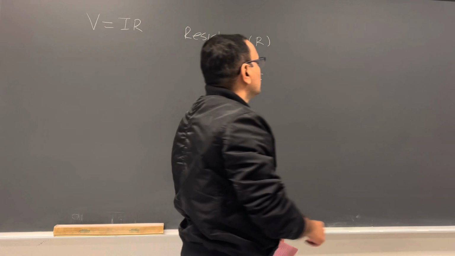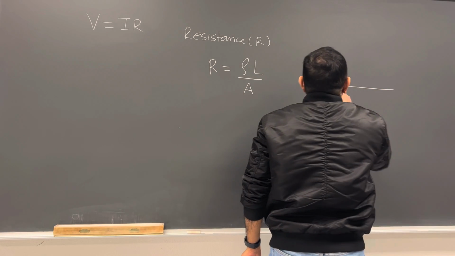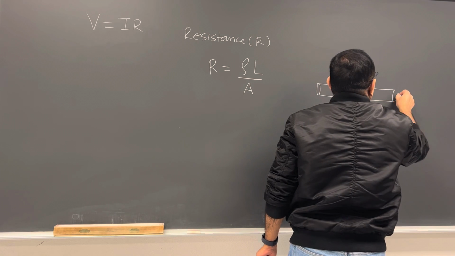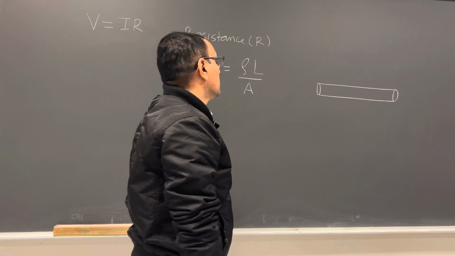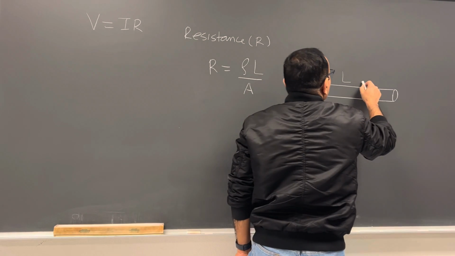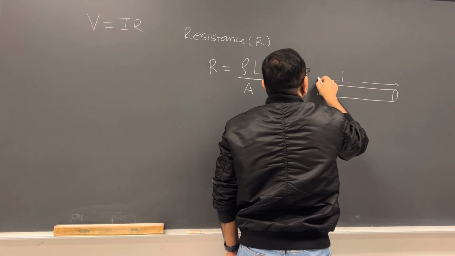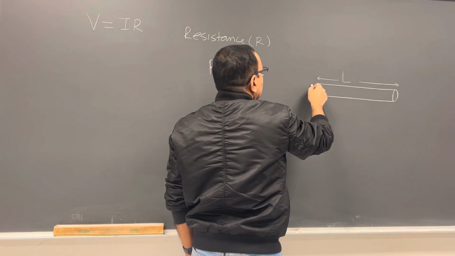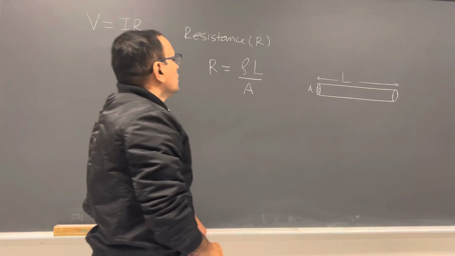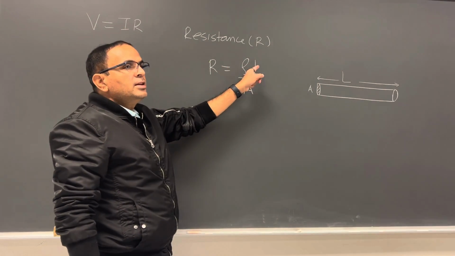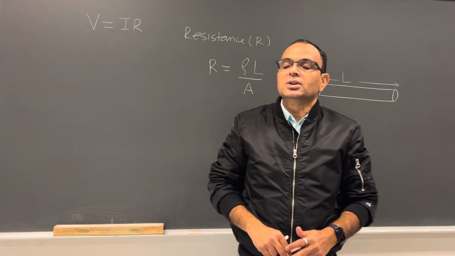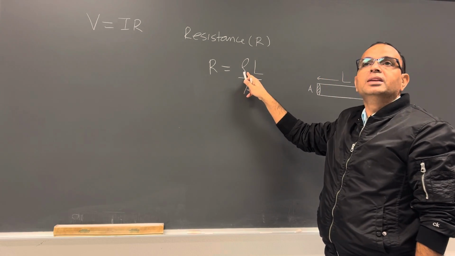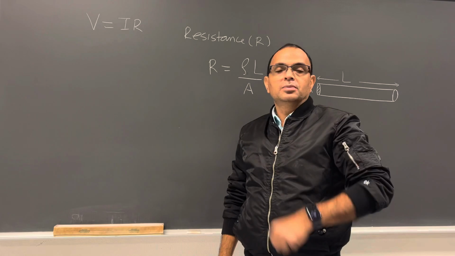So if you have a conductor like this, L is the length of the conductor and A is the area of cross section, this area, and rho is the resistivity of the material. So the resistance depends on this rho also, I mean the property of the material.